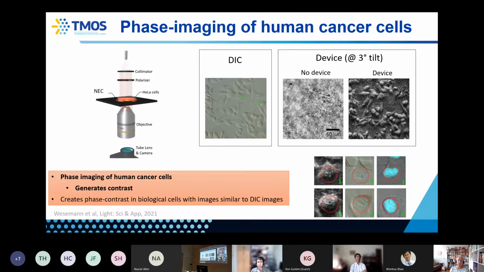So in regions where there were cells but no device, you can see there was negligible useful contrast. However, in the regions where the device was present, you can see immediately the existence of this enhanced contrast. And it's interesting also to look at some of the finer features that are resolved by imaging with this device and comparing what we see with DIC and also a fluorescence image.